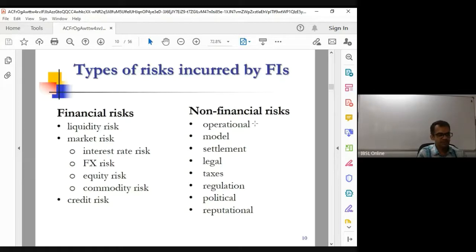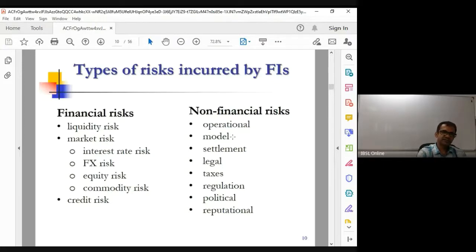There may be procedures to follow. When you grant a loan, there may be a procedure to follow. You may follow the procedure correctly, but still there may be a risk. The procedure may not be up to standard, or there may be some lapses in that procedure. All these are operational risks.